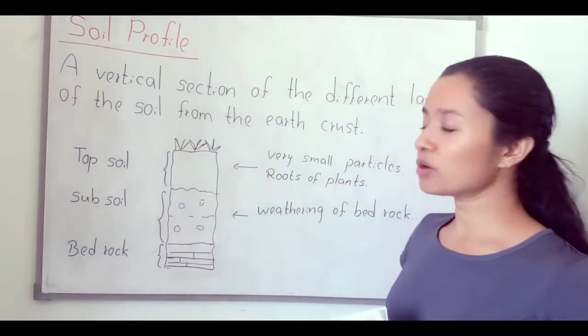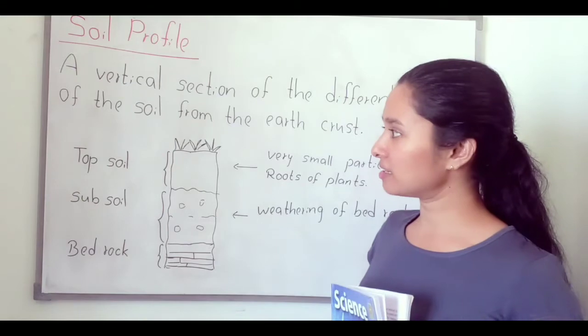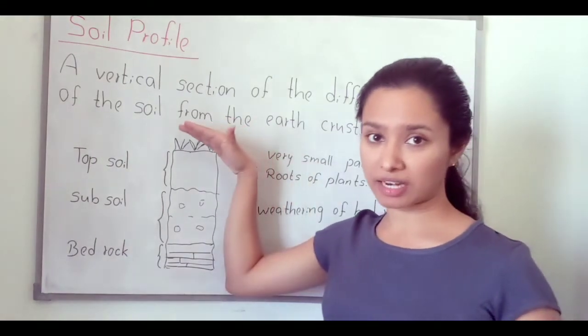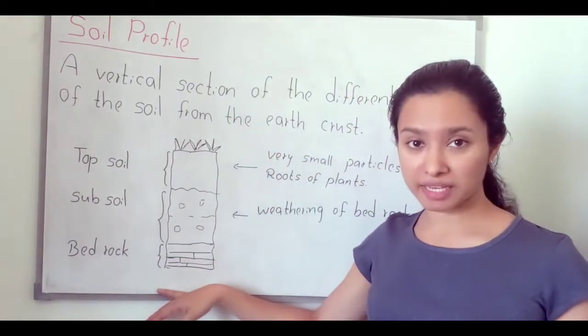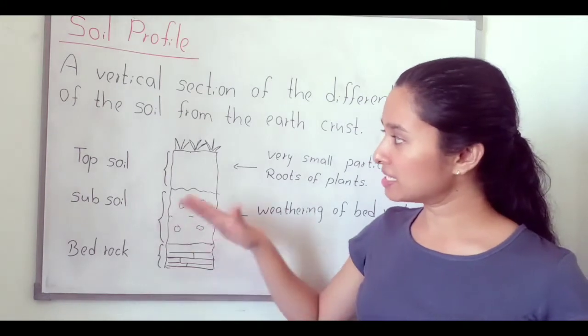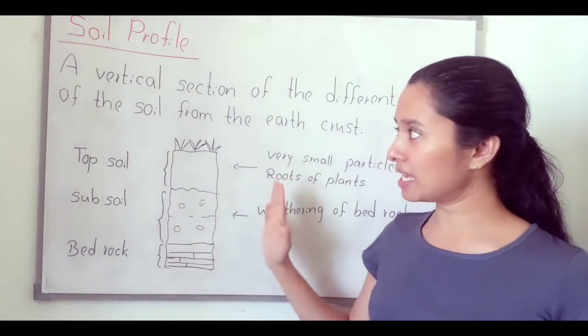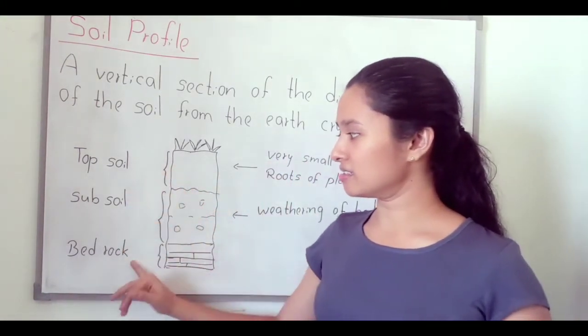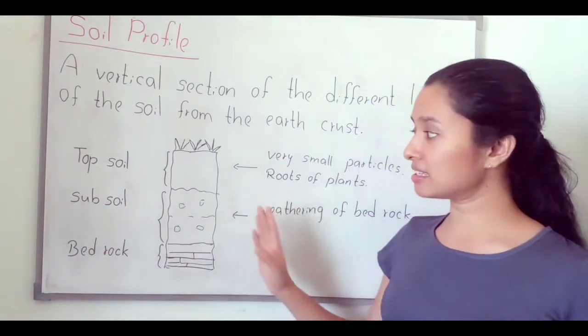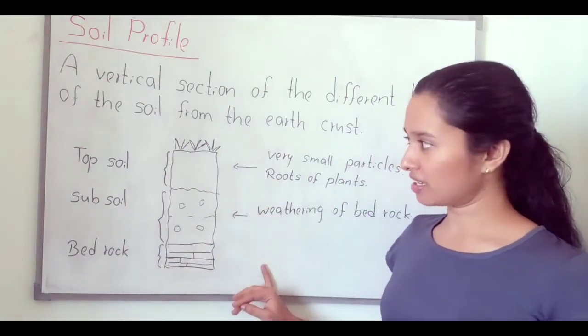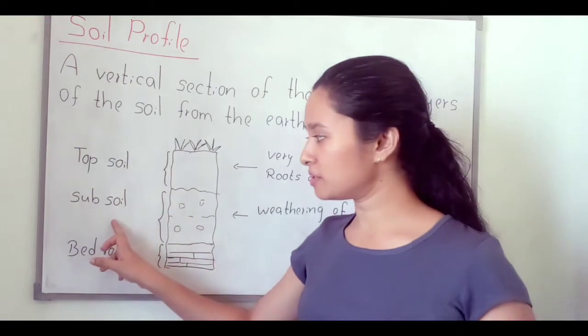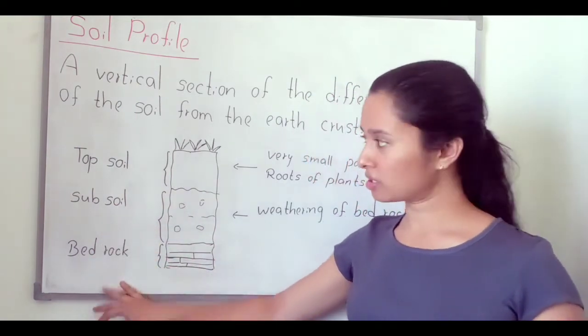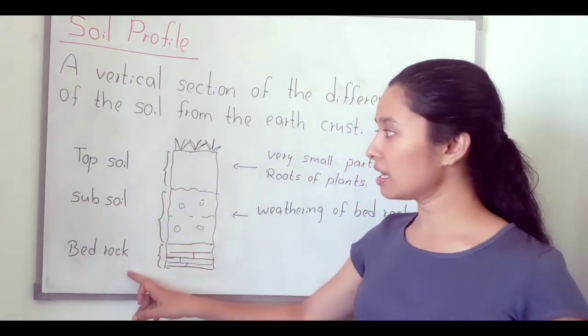So here the soil profile spreads from the topmost layer to the bedrock. We can see there are mainly three layers in the soil profile: topsoil, subsoil and bedrock.